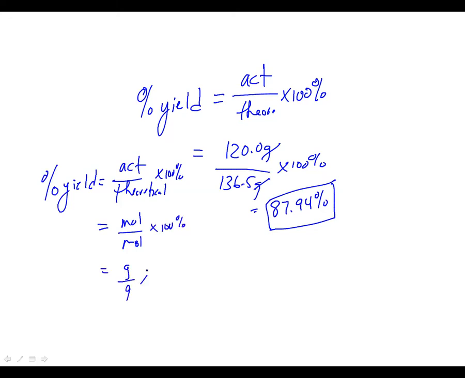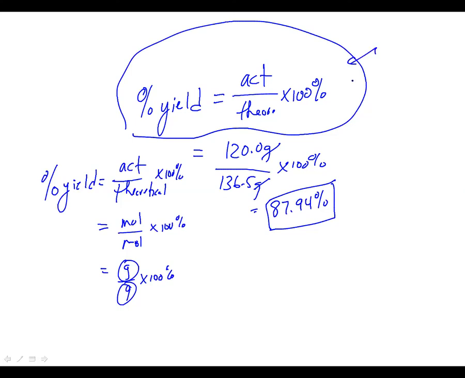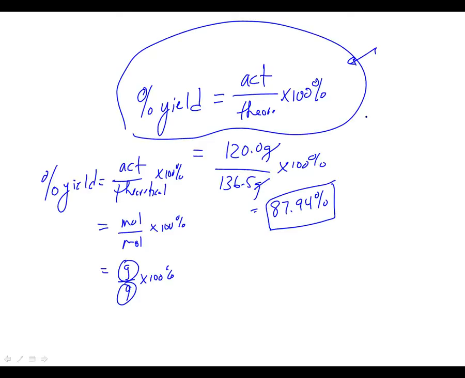But they do have to be the same unit on top and bottom in order for everything to cancel out correctly. So a percent yield problem is really just a stoichiometry problem where at the end, you stick it into here and you calculate your percent yield. I believe that should be it.